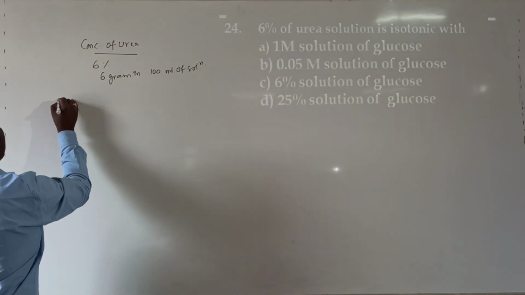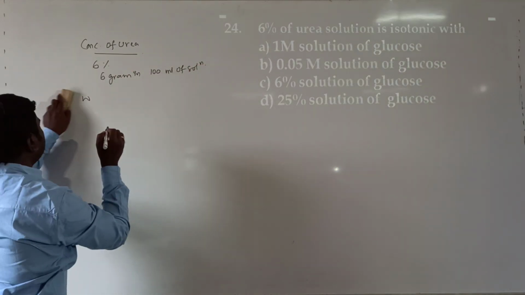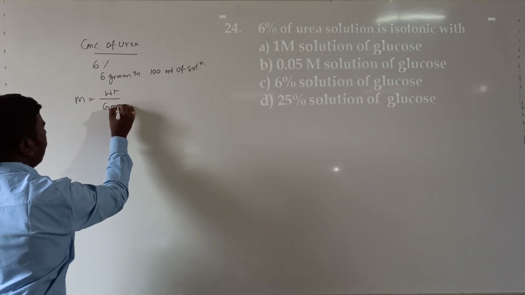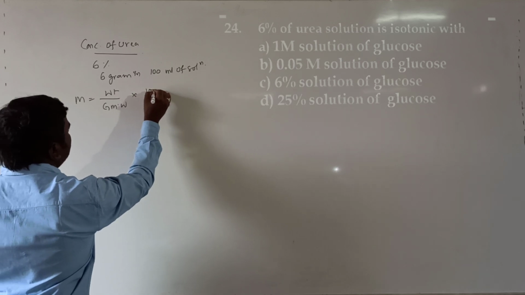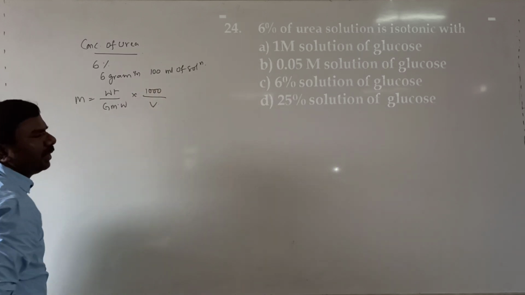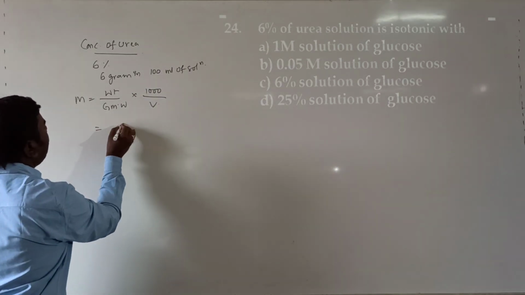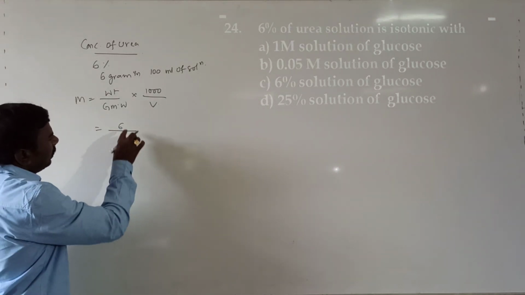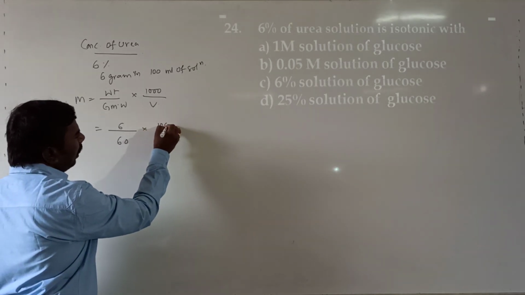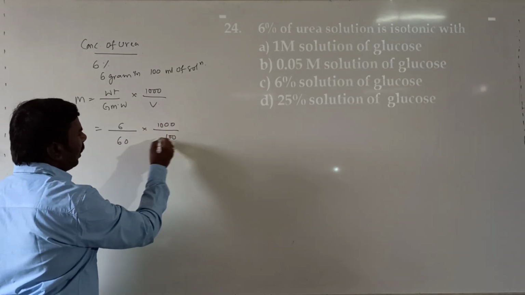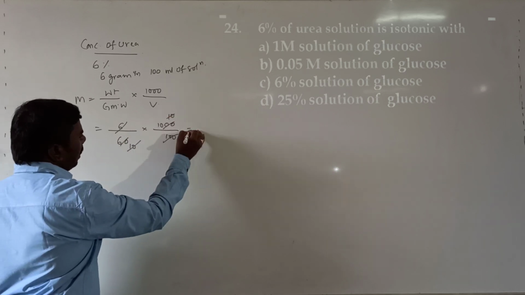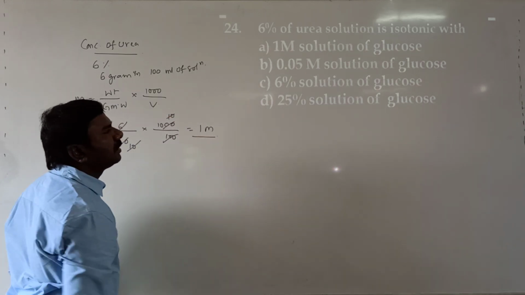Then molarity equals weight by gram molecular weight into 1000 by volume in milliliters. Weight equals 6, molar mass of urea is 60. So 6 by 60 into 1000 by volume, which is 100, that is 10 times, and the 10 cancels, giving 1 molar.